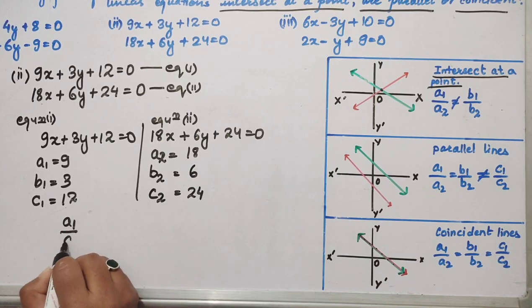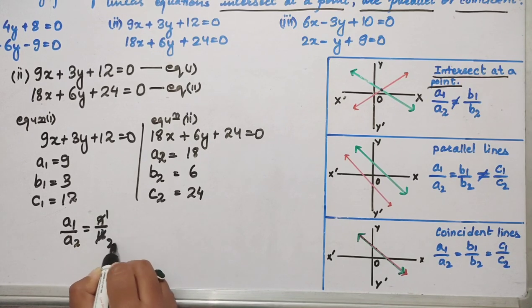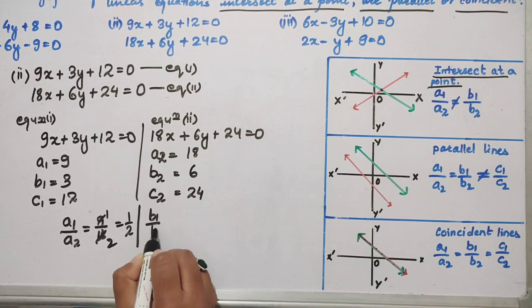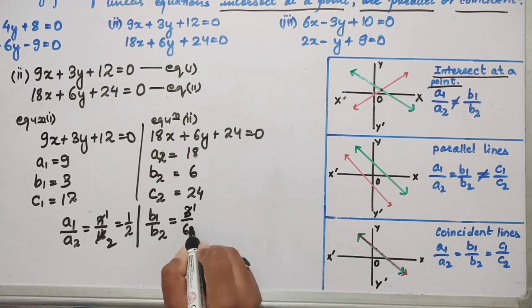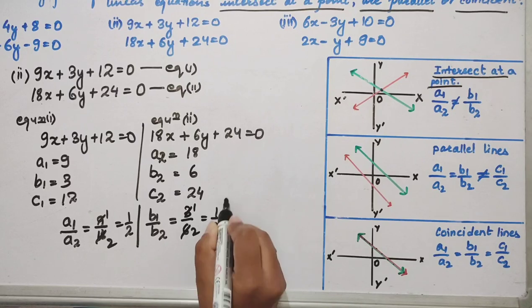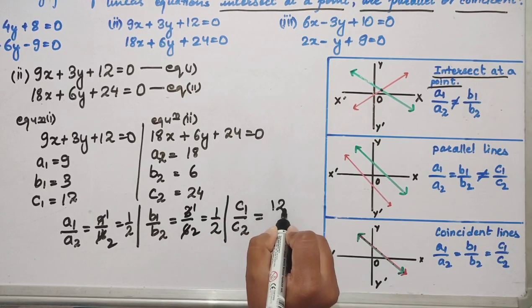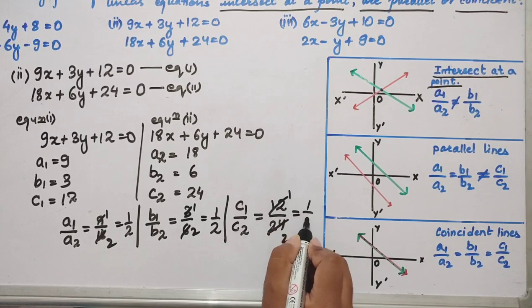Here a1 by a2 is equals to 9 by 18, which is half. b1 by b2 is 3 by 6, which is again half, and c1 by c2 is 12 by 24, which is again half.